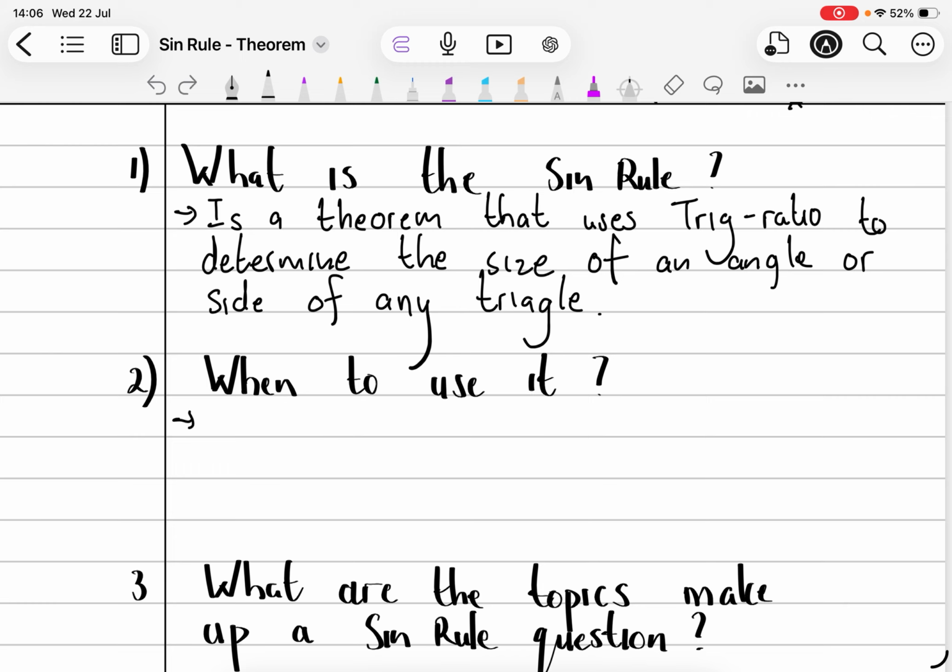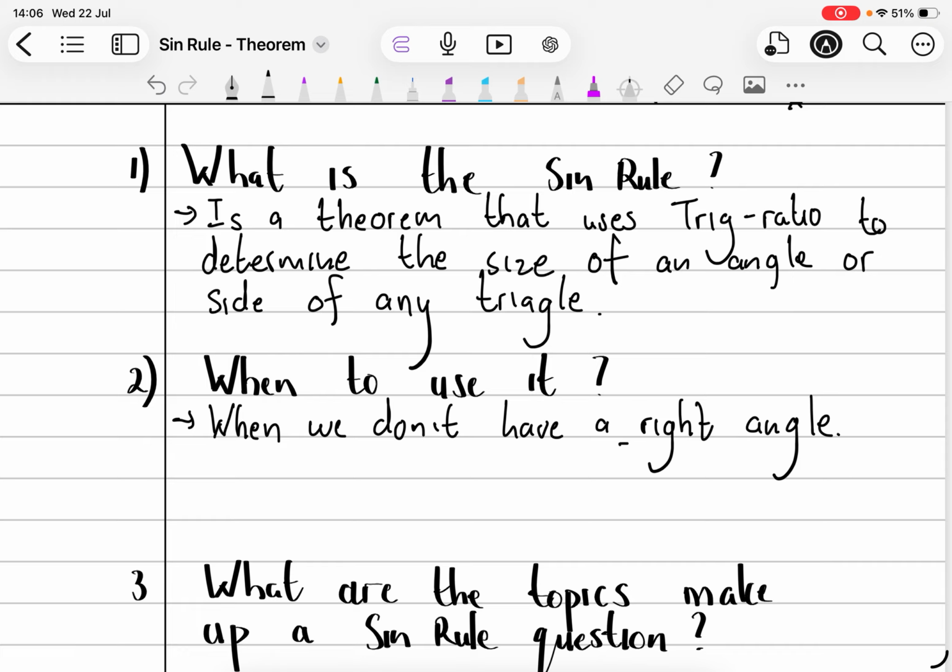Mostly when we don't have a right angle. So we are not using Pythagoras here.